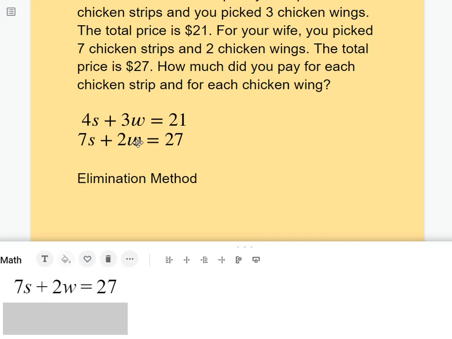If you eyeball this carefully, look at W in both equations. I'm trying to eliminate W. Take 2 and multiply by 3, you get 6, and take 3 and multiply by 2, you get 6.